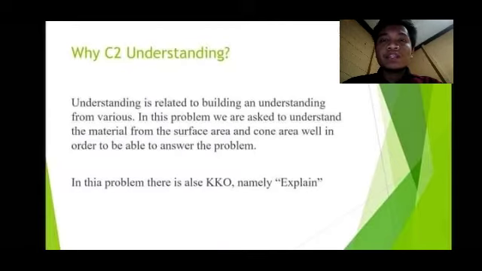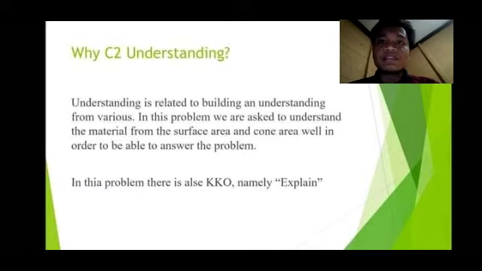So, why C2 understanding? Understanding is related to building an understanding from variables. In this problem, we are asked to understand the material on surface area and cone area in order to be able to answer the problem. In this problem, there is also a KKO, namely explain.